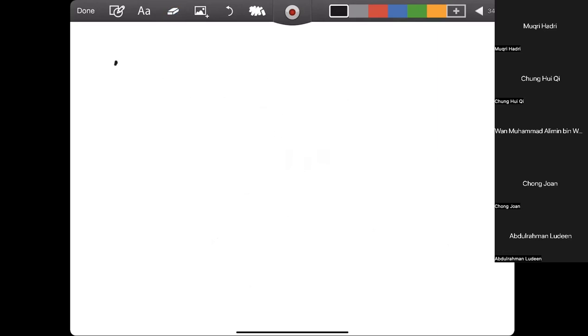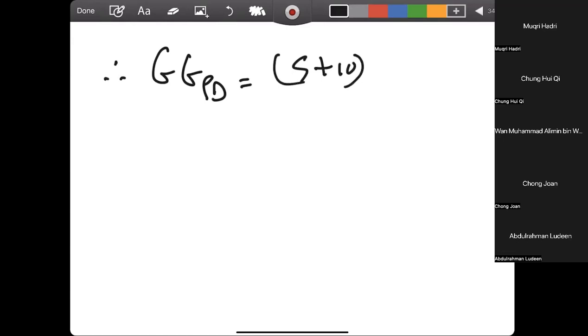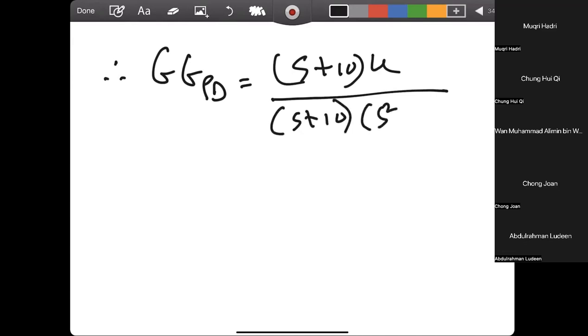So when you combine together, the zero cancels out with the pole at -10.